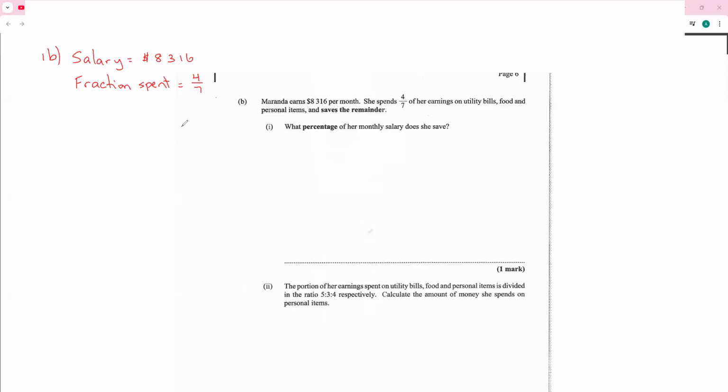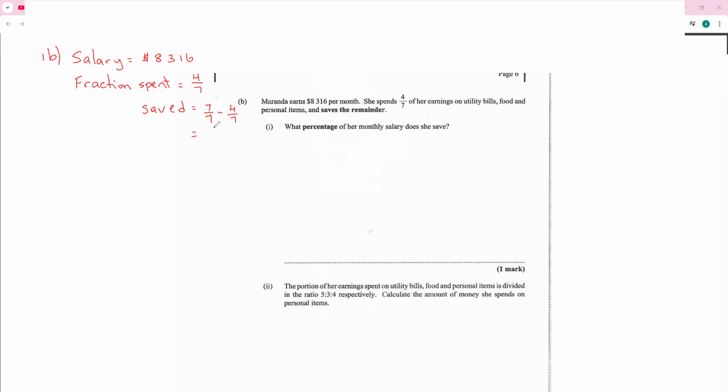So if she spent 4/7 and the whole would have been represented by 7 out of 7, then the remainder saved will be the whole, which is represented by 7 out of 7 minus the 4/7.